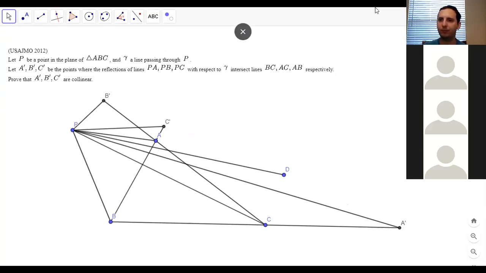Like, to solve this problem, do you need the whole DDIT, or do you just need the isogonal special case of it? Anyways, we can keep looking at it.